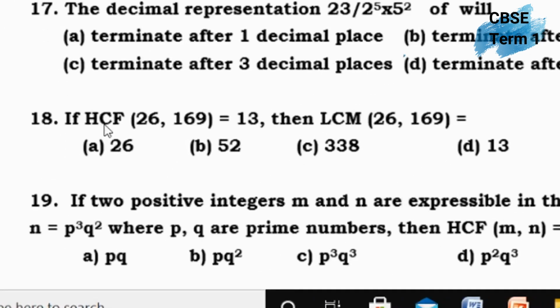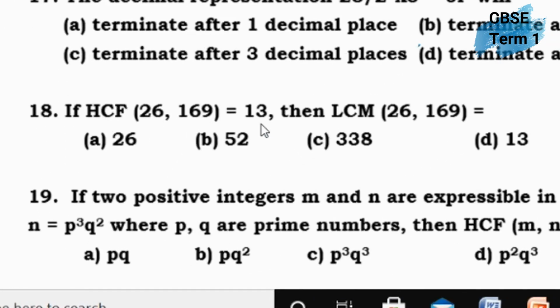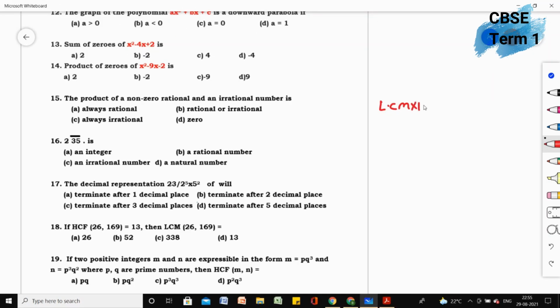18th question. If HCF of 26 and 169 is 13, then LCM of 26 and 169 is how much? You know the relation between LCM and HCF of two numbers? The formula is LCM into HCF is equal to a into b, where a and b are the two numbers. In the given question, we don't know the LCM, we have to find the LCM. So I am writing LCM as it is, and HCF is given as 13.